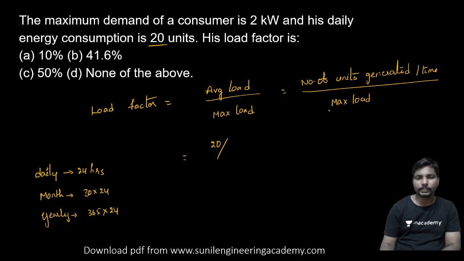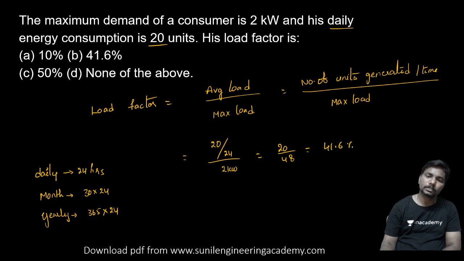Okay, you have to take like that. So here they have given daily, that is 24 by maximum load 2 kilowatt. So that is 20 by 48. So that is just less than 0.5, that is 0.4, that is 41.6%. So we can give the answer as option B.